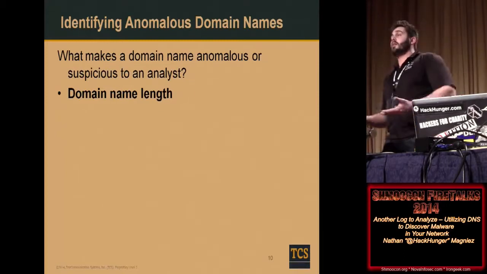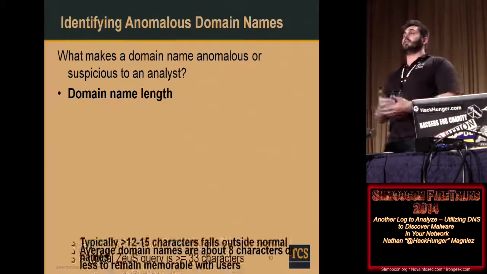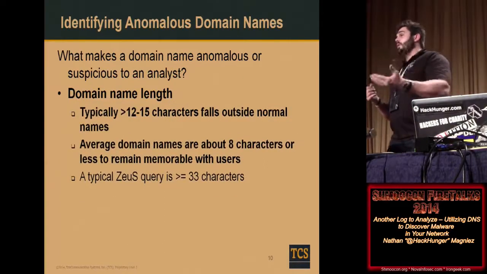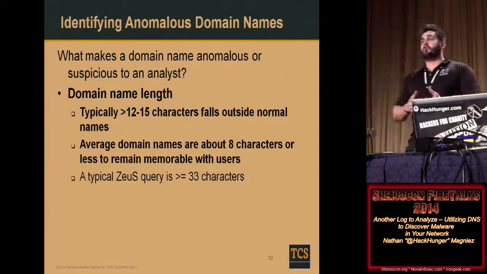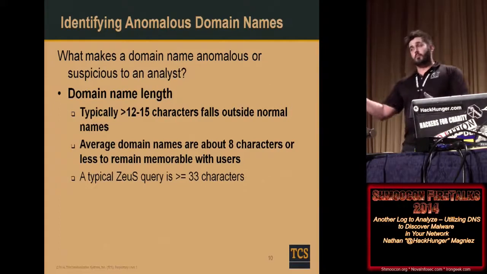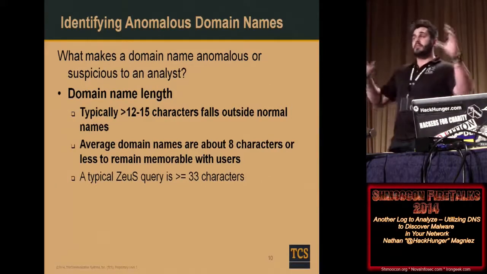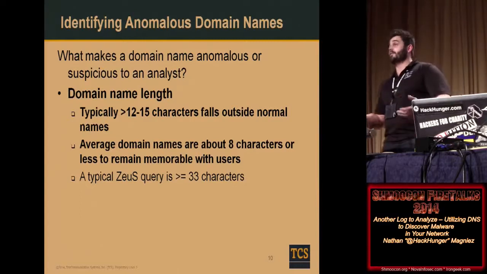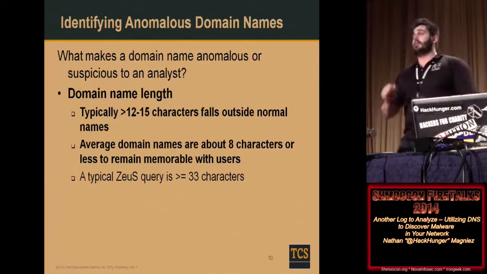Well, first thing we're going to talk about is domain name length. Typically, greater than 12 to 15 characters falls outside of what's normal for a second level domain name, something that's memorable for somebody to memorize. Typically, it's within an 8 character range. So facebook.com is 8 characters, and google.com is below 8 characters, right?